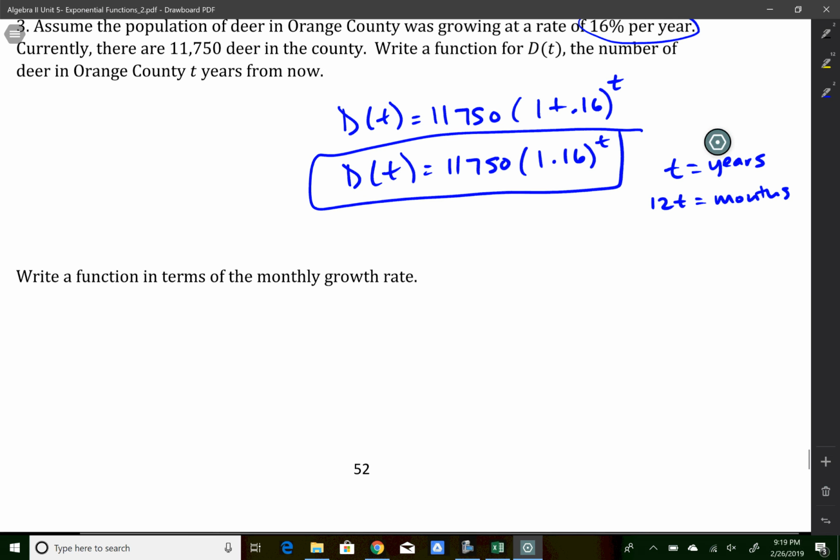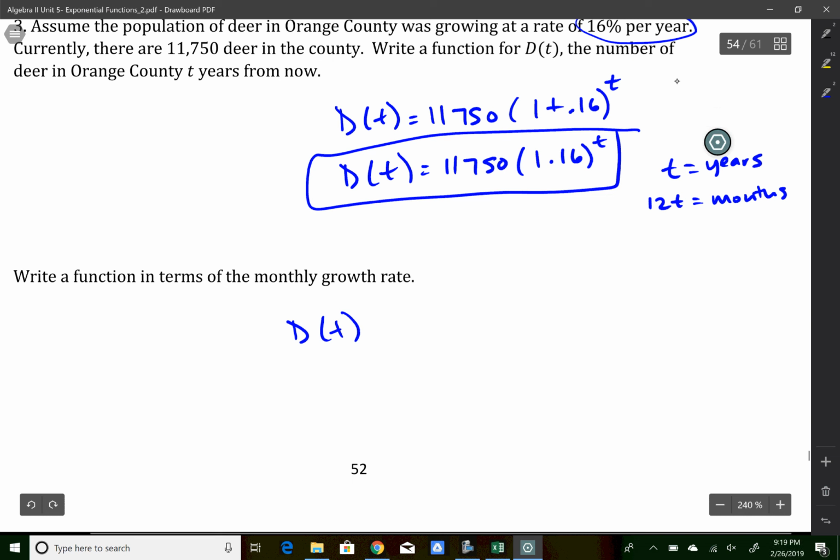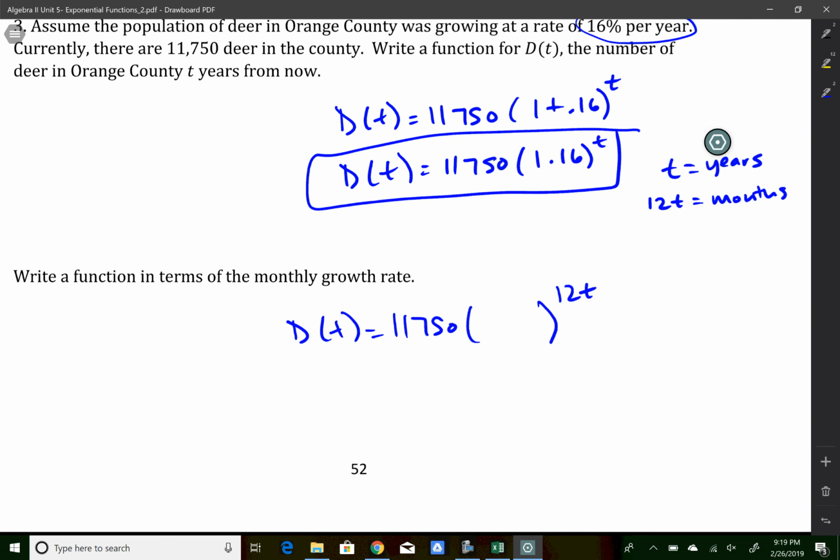So I can rewrite this by saying d of t is equal to that still initial amount times some number all to the 12t. Now, what do I put in here? Well, since I raised the exterior exponent to 12, I have to raise the interior exponent to 1 over 12. Because if I was to use the power to power rule, that 1/12 times 12 becomes back 1. So that's all good. So we've really not changed anything, just what it looked like.